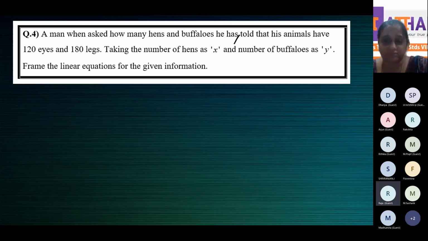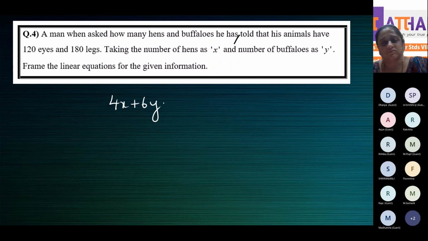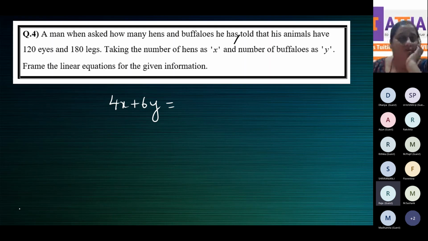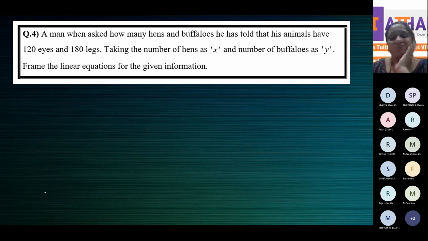Ma'am, is it 4x plus 6y is equal to 300? No, try to think.